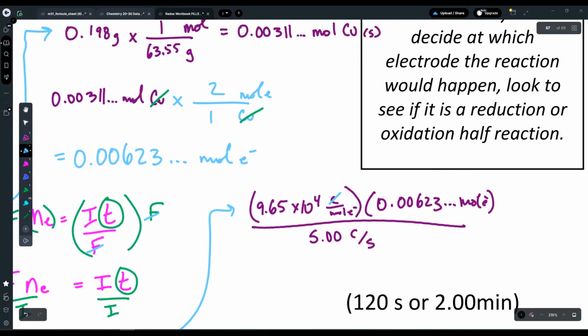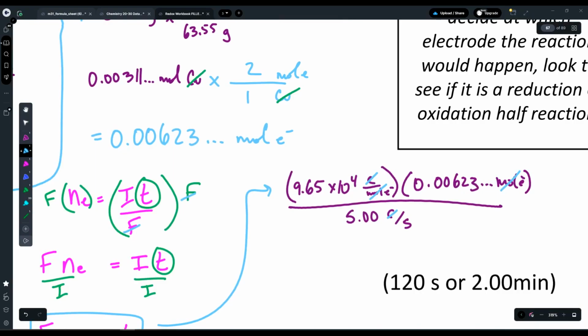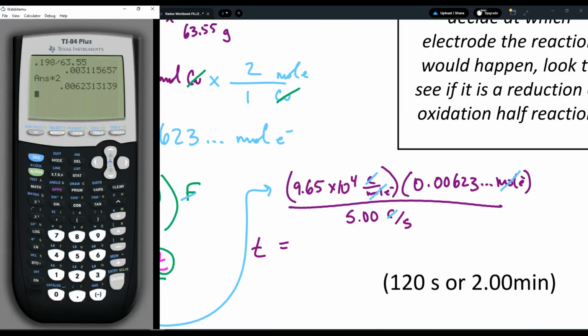Okay, so coulombs cancels out, moles of electrons cancels out, we are going to be left with seconds. So time is equal to, and how I'm putting this into my calculator, I'm going 9.65 times 10 to the power of 4, multiplied by, I'm going to go second function, and then the little negative sign to get my answer.